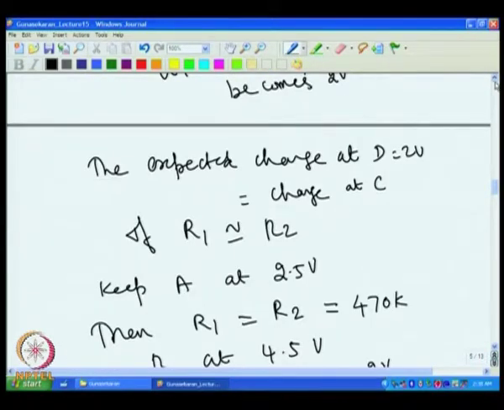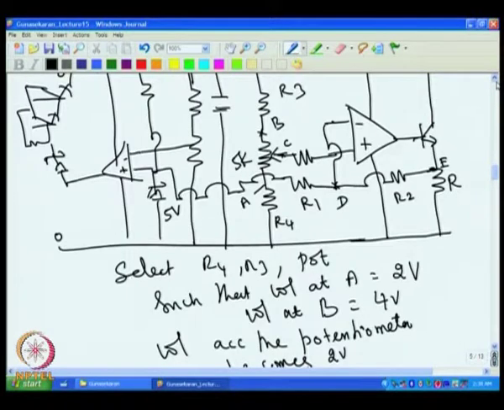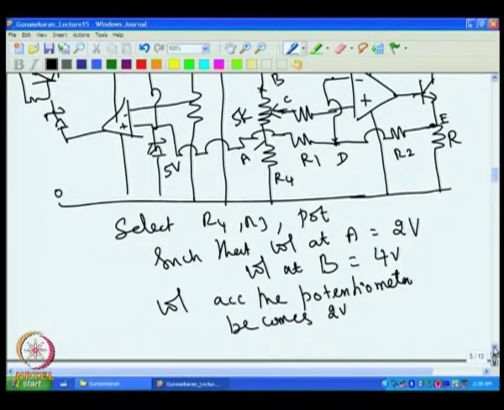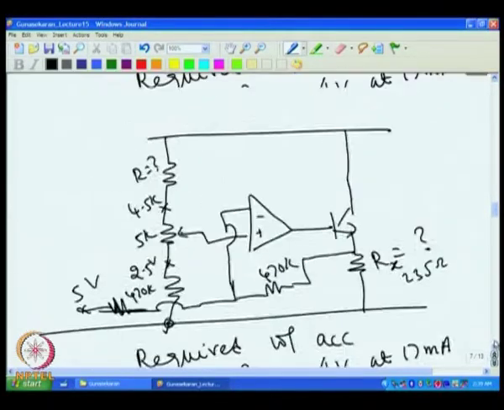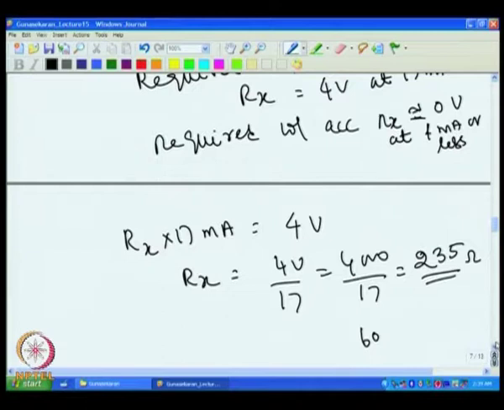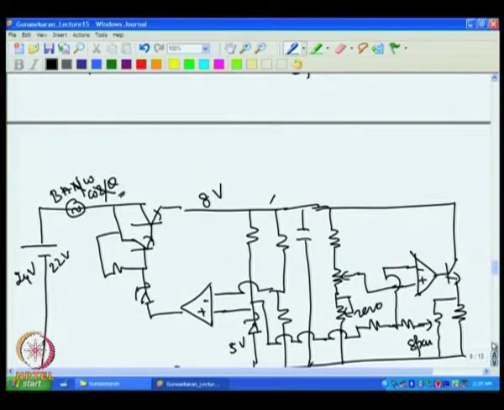Let me check whether I have calculated or not. Okay, we will write down the values first.